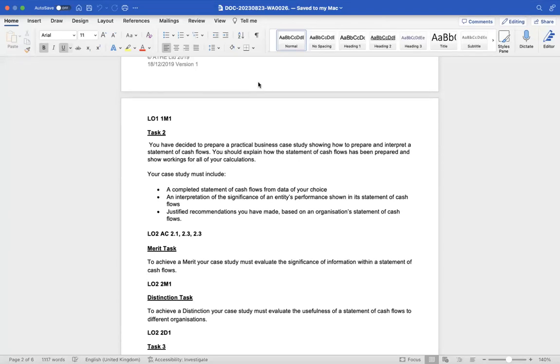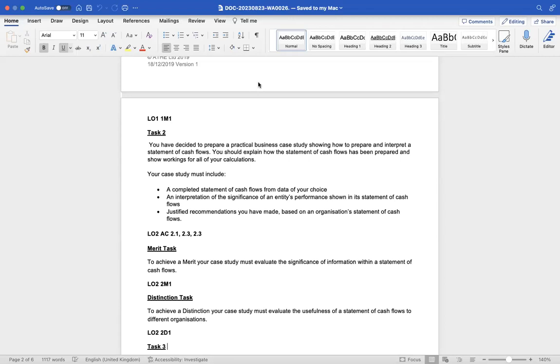Provide justified recommendations for the organization. For example, if the company is experiencing negative cash flow from operations, suggest strategies to improve working capital management.